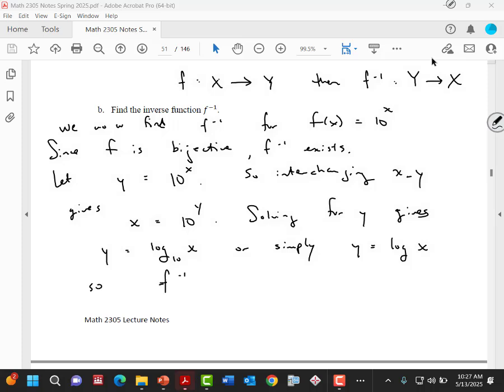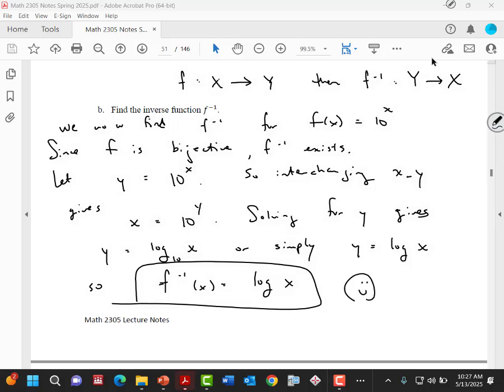So f inverse equals log x, and that's the inverse for my function. Okay, that will conclude our lesson on functions.